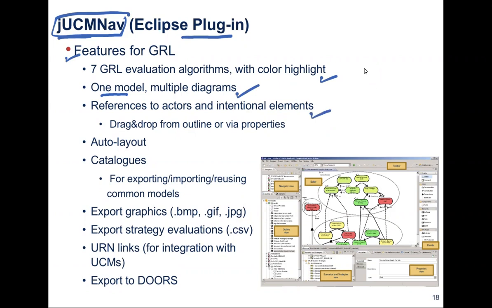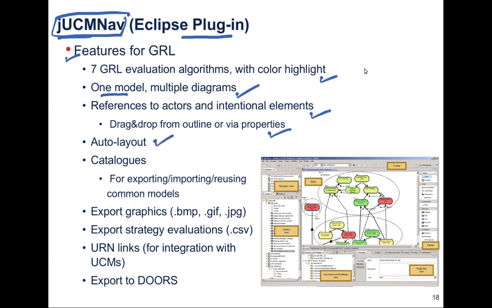It is a well-based representation that can be easily used to graph goals and the relationships between such goals. An easy way to reference actors and intentional elements is by drag and drop from the outline or from the properties menus. It has an auto layout.